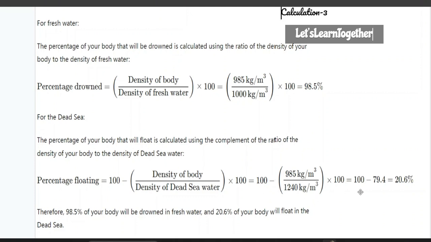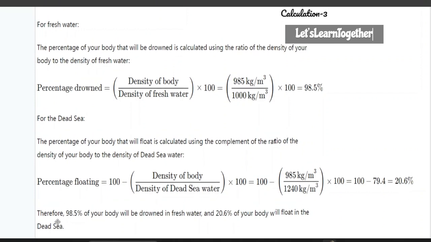So the answer was 100 minus 79.4. 79.4% is the portion that was drowning, or submerged underwater. And by subtracting it, we got 20.6%. This value is the portion that was floating at the top of the water. Therefore, 98.5% of your body will be drowned in fresh water and 20.6% of your body will float in the Dead Sea.